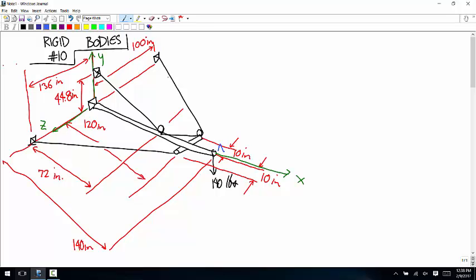They call the end here A, the intersection here B, this pulley C, and then D is back at the origin. And then on that cross piece, this is E and F. And then the cable connections are G, H, and I. And so we're just going to go through and give the coordinates of each one of those points.